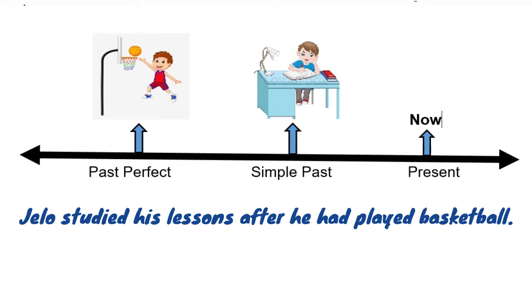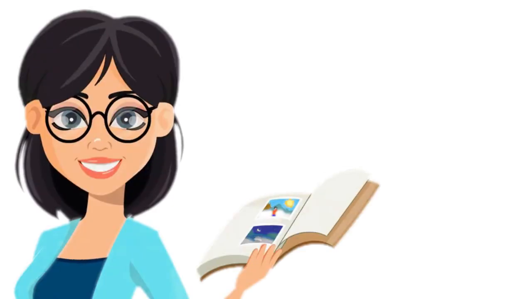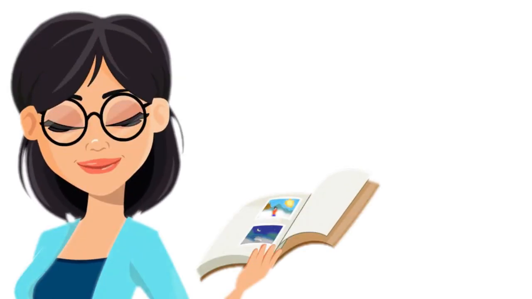Based on the illustrations, you could say that Jello had played basketball before he studied his lessons. The past perfect is used on the verb play because the action happened before another action which is expressed in the simple past. Studied. Now, will you try the rest of the sentences?